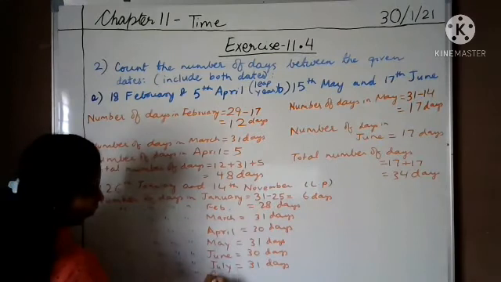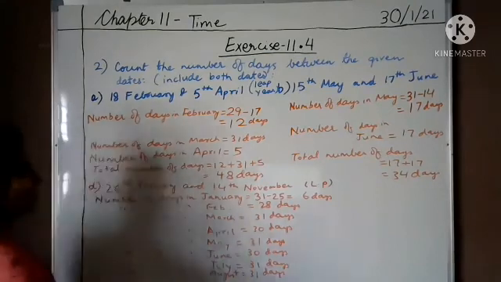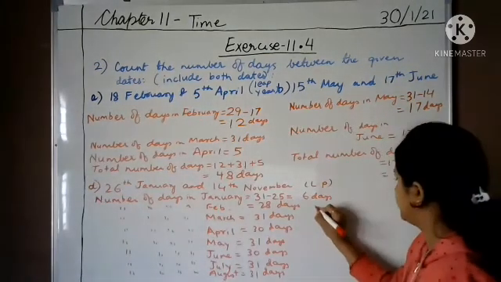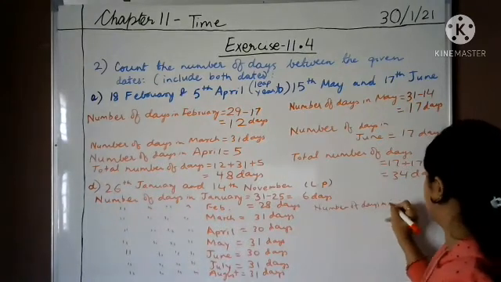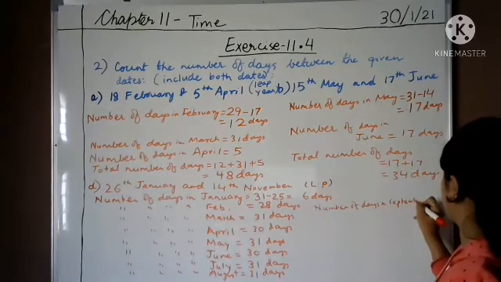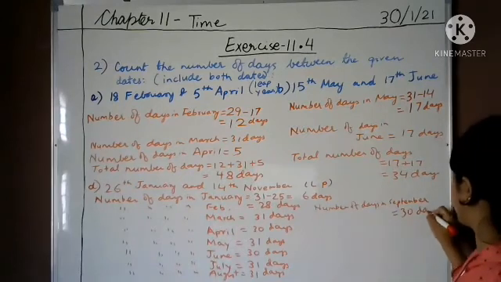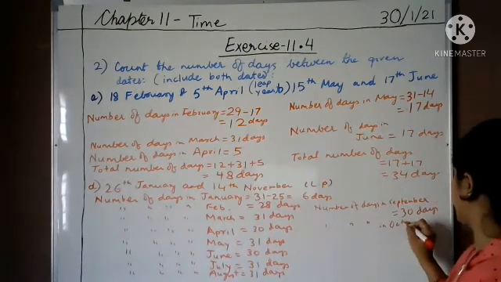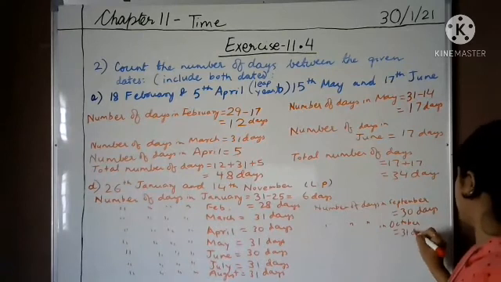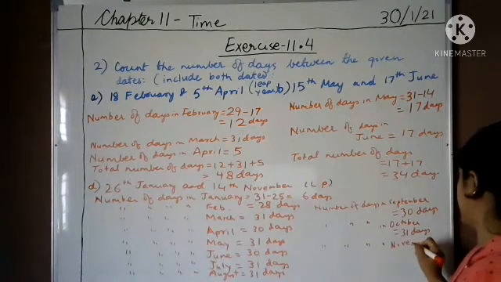Number of days in August, again 31 days. Next, number of days in September. So what is the number of days in case of September? 30 days. And number of days in October, 31 days. Number of days in November, this is equal to 14 days.